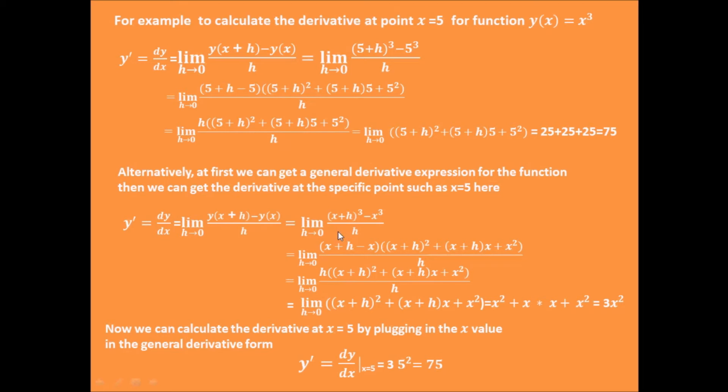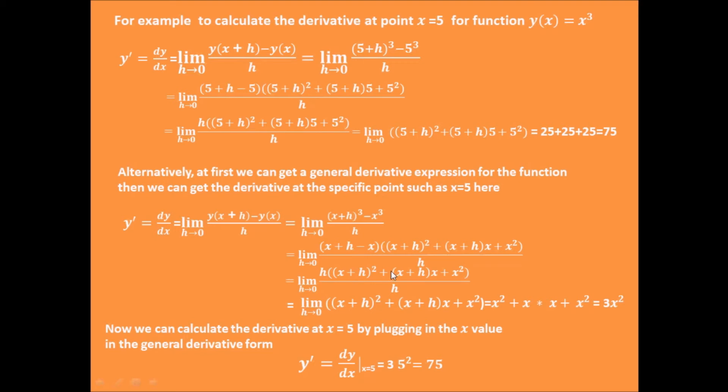Then we use the same way to expand the numerator, so we get (x plus h minus x) times ((x plus h) squared plus (x plus h) times x plus x squared).